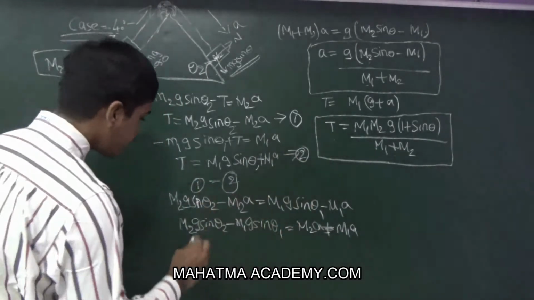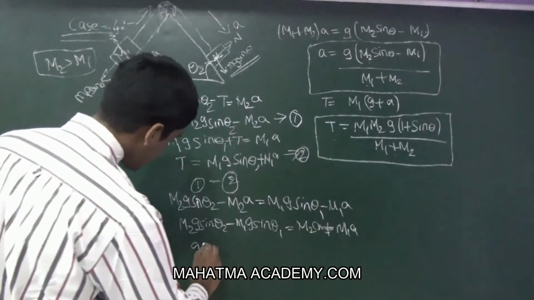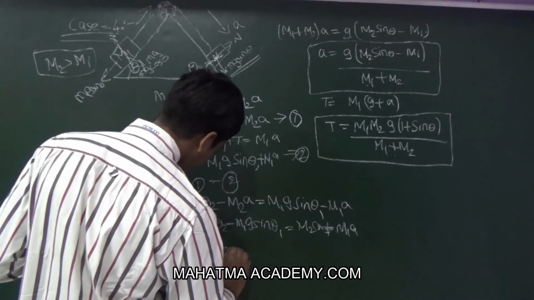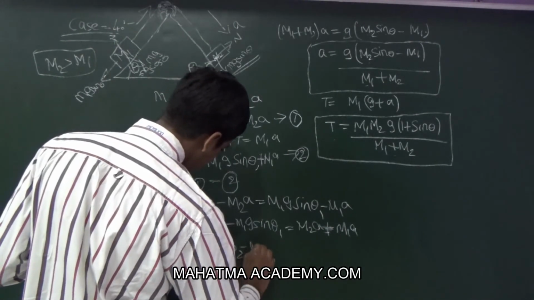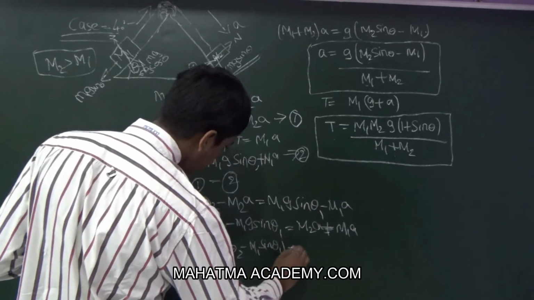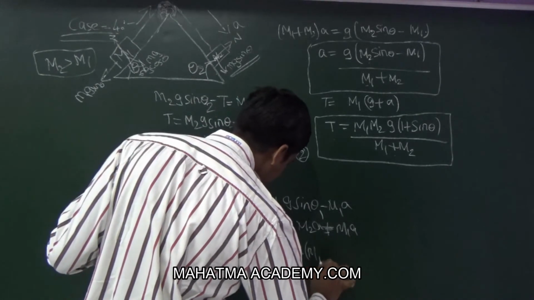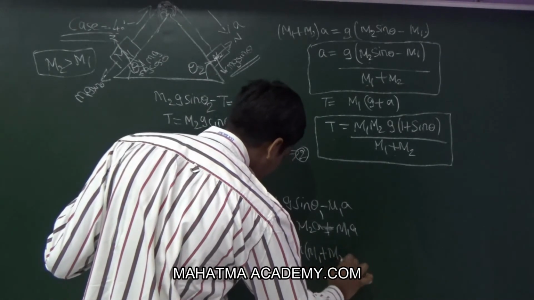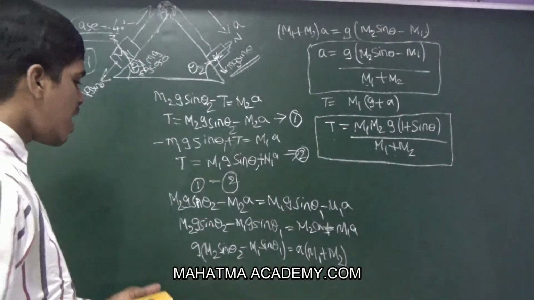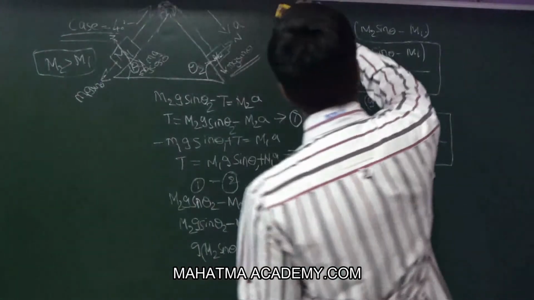Okay. Now if you common g here, g into m2 sin theta 2 minus m1 sin theta 1 is equal to, if you common acceleration here, m1 plus m2. Now we got it up to here, and if you want to find out the acceleration, we will do here.